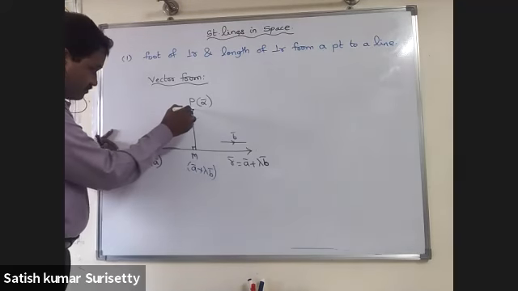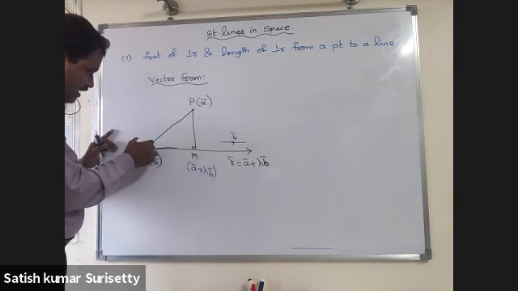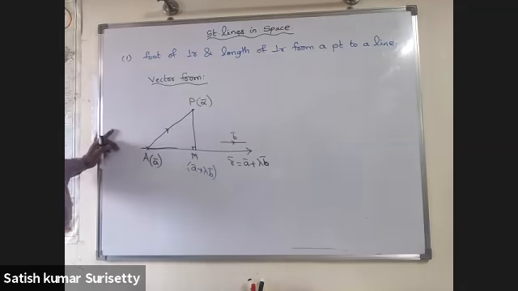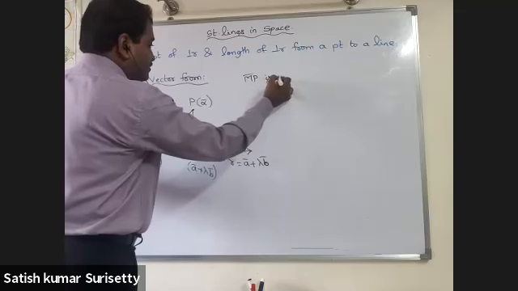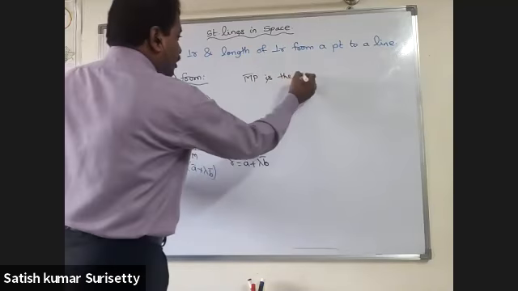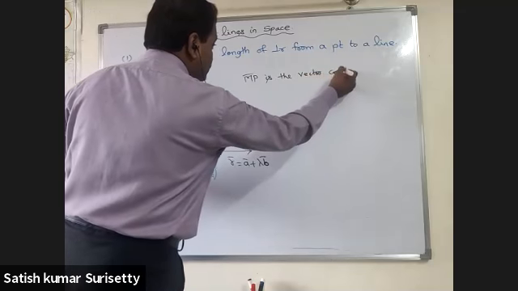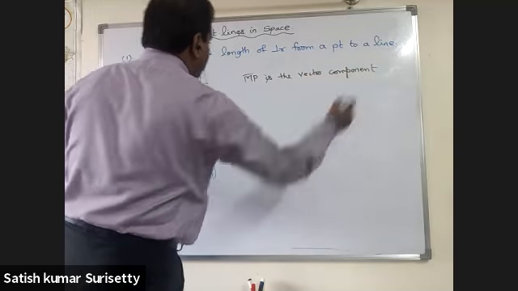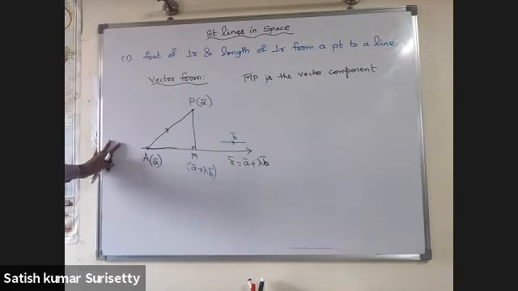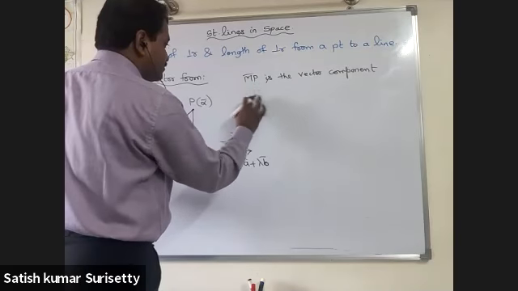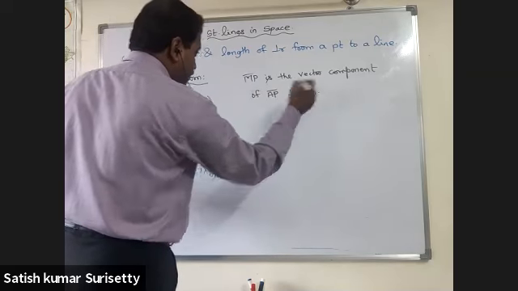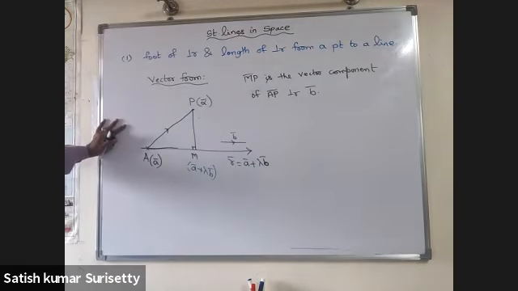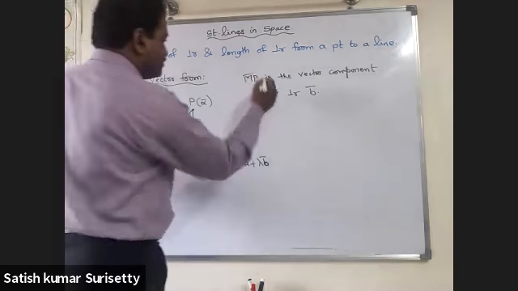Then if I join AP bar, MP bar is the vector component of AP bar perpendicular to b bar.